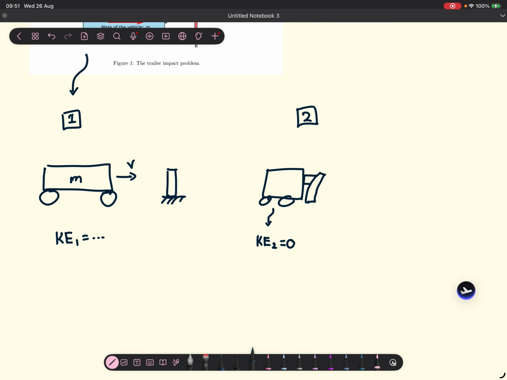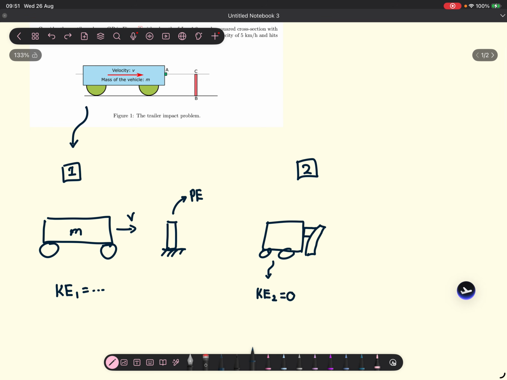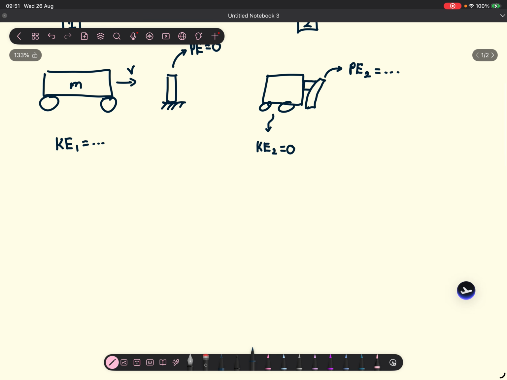But for the beam, its potential energy, because the beam is going to be storing potential energy, it's going to convert all of this kinetic energy into potential energy as it deflects. So its potential energy at state 1 is 0, but its potential energy at state 2 is equal to some value.